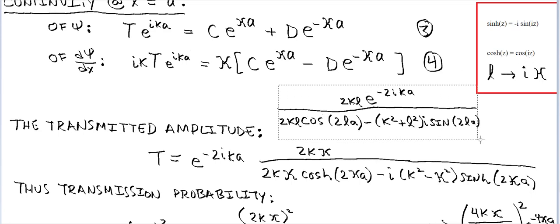If you swap out every L you see for i kappa, then this one turns into an i kappa, this one turns into an i kappa, this one turns into an i kappa, this one turns into i squared kappa squared, and i squared is -1, and this one turns into i kappa.